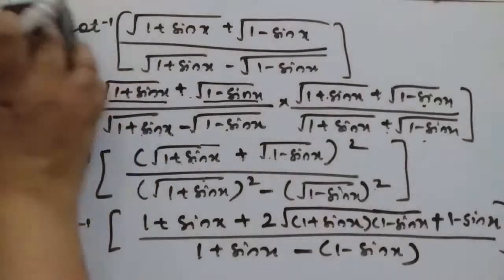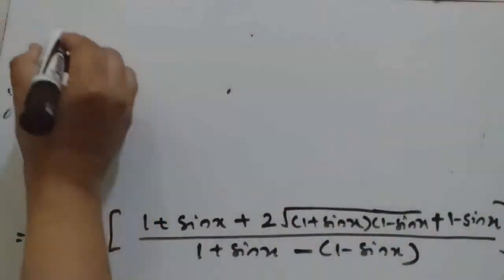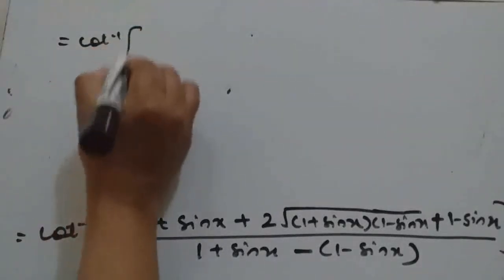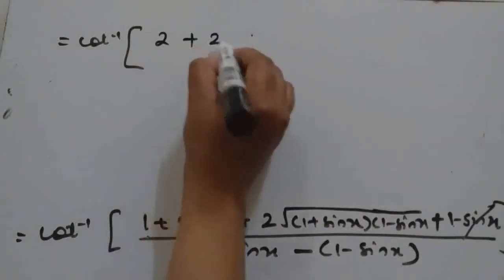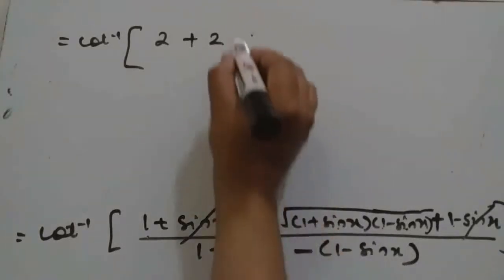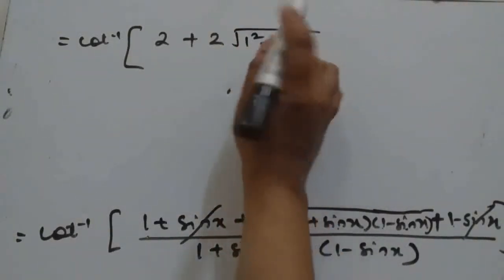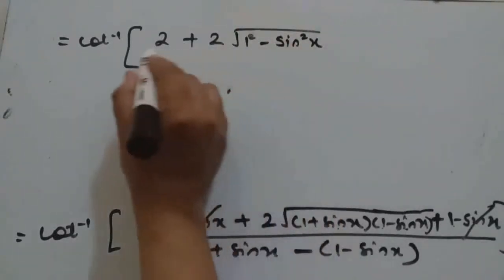So we will be left with cot inverse. See, sine x plus sine x will go, 1 plus 1 is 2, and 2 times. See, in this root again the third identity, a plus b, a minus b. So what we can write? a square, that is 1 square will be 1 only, and b square means sine square x.